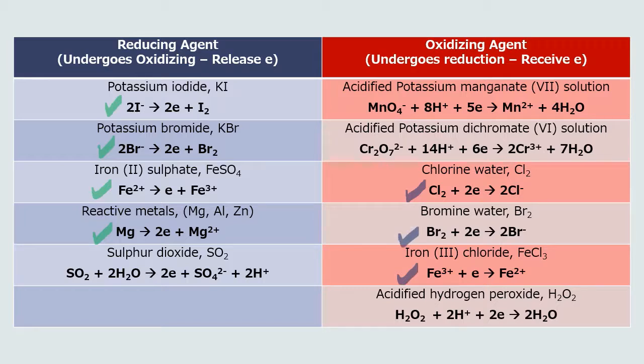The new oxidizing agents that are able to receive electrons are acidified potassium manganate(VII) solution and acidified potassium dichromate(VI) solution. We have been using these oxidizing agents during the carbon compound topic earlier this year.